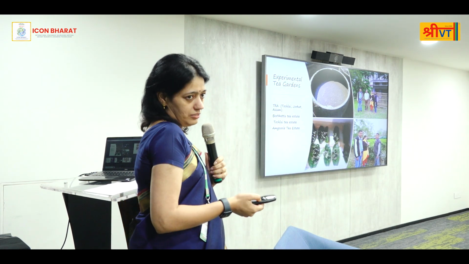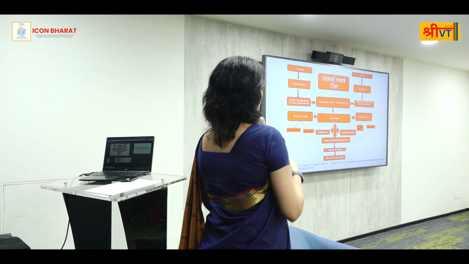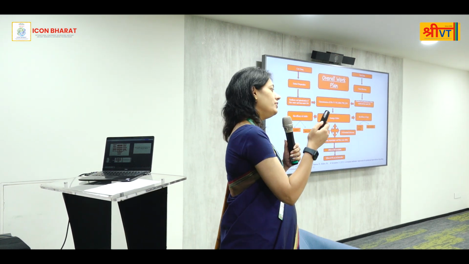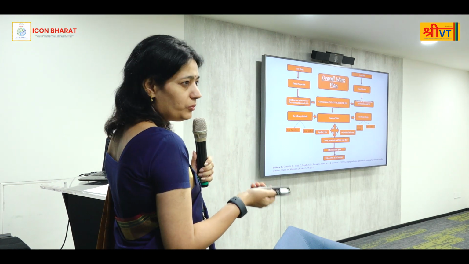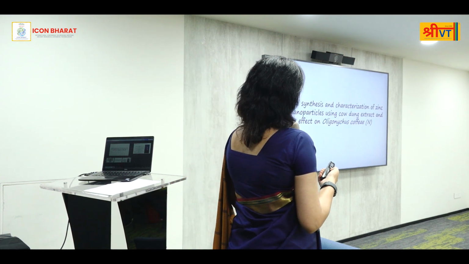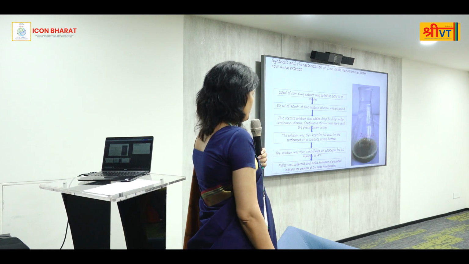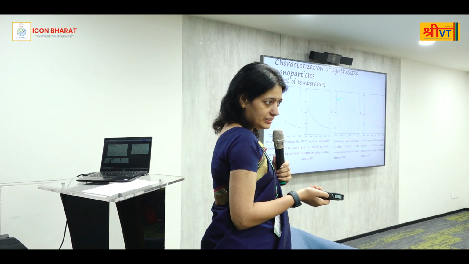So we did this test in 4 tea estates, and then we synthesized zinc and iron. We took them because the plants were even deficient in the nutrient, as I said before. Zinc and iron usually make the plant resilient, and this was the cow dung extract, and from here we made the nanoparticles, and then we did the analytical studies.